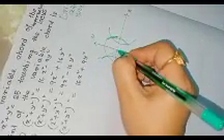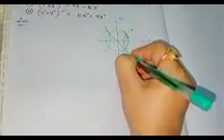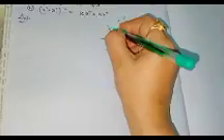Now the touching chord passes through the center, and T1 and T2 are the two touching points.